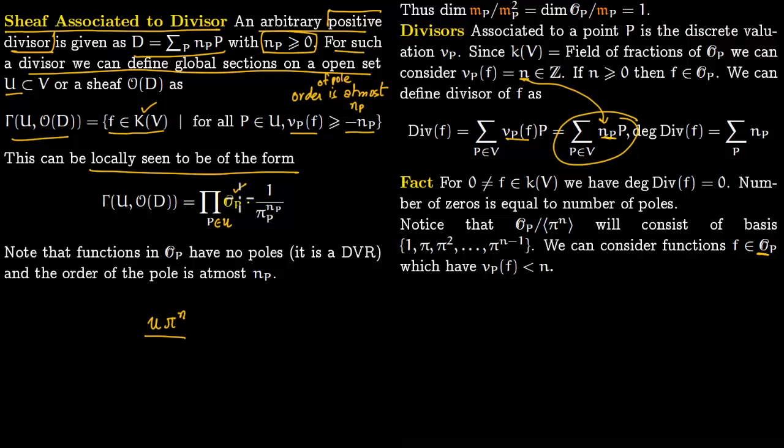So we introduce poles of order at most n_P: you multiply by 1 over this uniformizing parameter to the power n_P. The original element has no poles because it is in a discrete valuation ring, and the poles you have introduced have order at most n_P. So it could have fewer poles but not more than this, because you're dividing by this, and that is what comes here. So this is a more concrete description of our global sections.